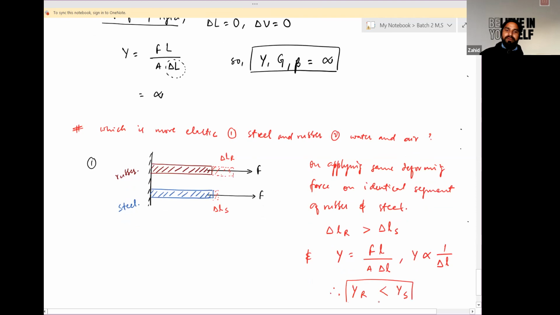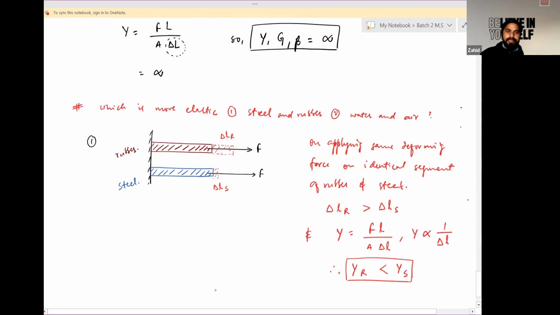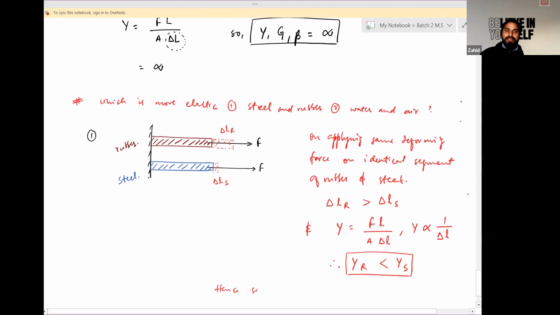So greater the value of modulus of elasticity, the more elastic it is. Hence, steel is more elastic as compared to rubber. Is it clear? Yes, sir.